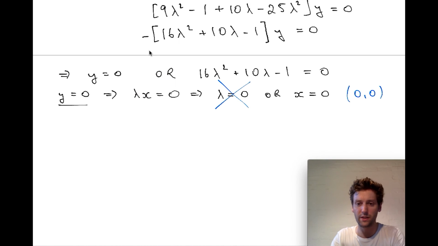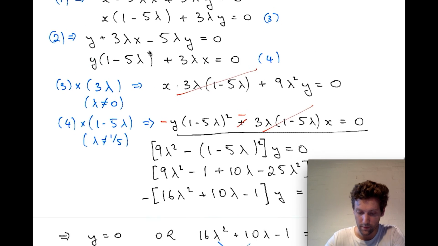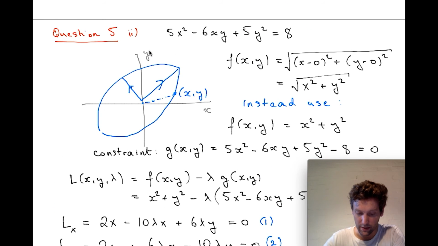But let's think about that solution for a minute. What it's telling us is that the distance between the origin and xy is minimized when I take xy to be 0, 0. But that's just a distance of 0, and that obviously doesn't sit on the ellipse as we've drawn it. So you can see that the solution x equals y equals 0 doesn't satisfy this equation.